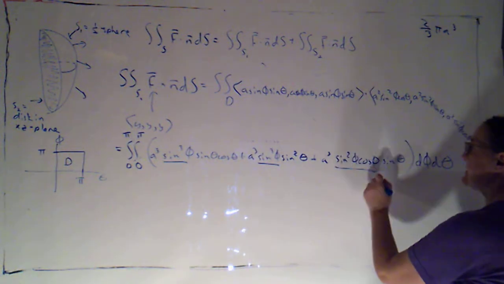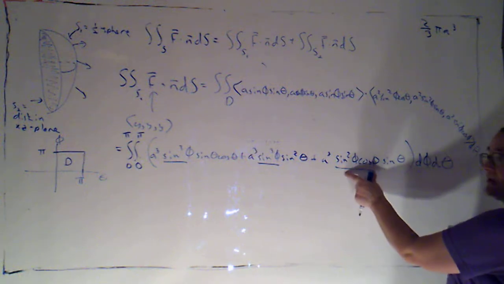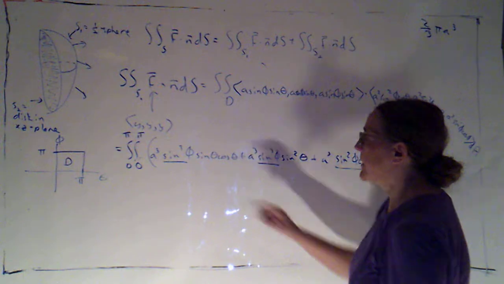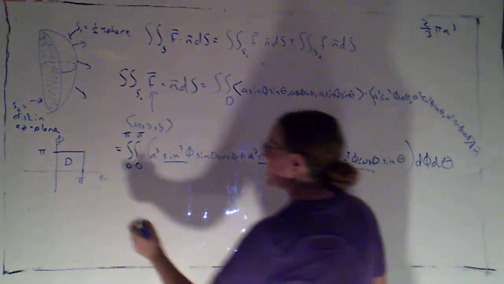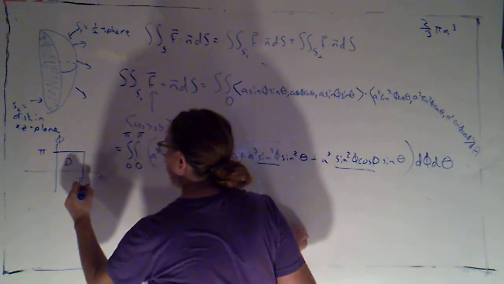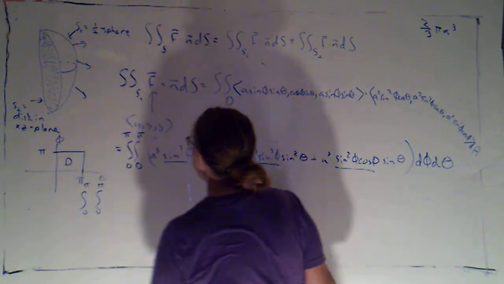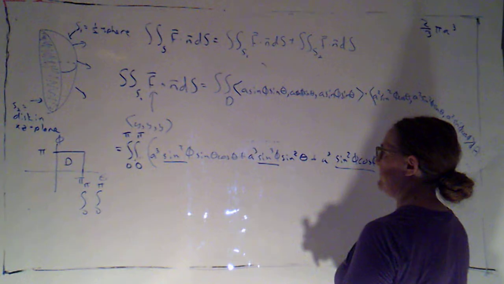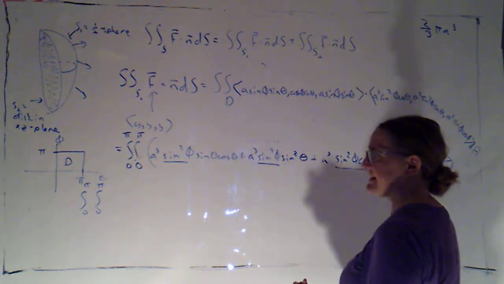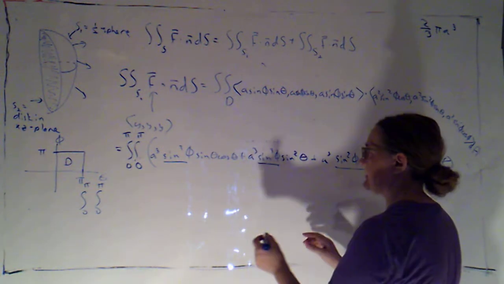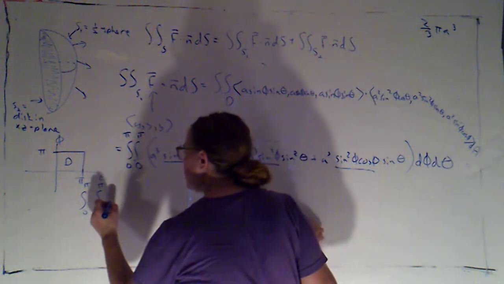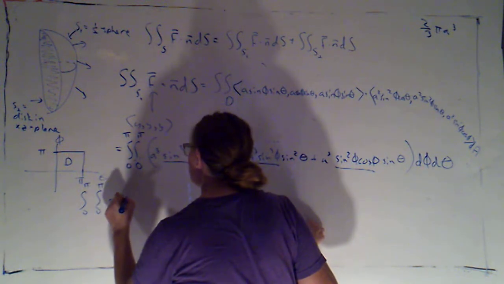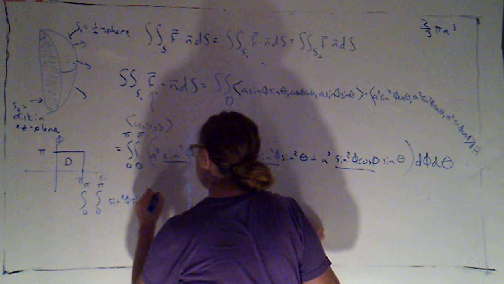Okay. Now, for these two, I've got a sine cubed phi. For this one, this is nicely set up to do with a u substitution, letting u equal sine of phi. So I'm going to break this up into two integrals. I'm going to say this is the integral from 0 to pi, from 0 to pi. Okay. I'm going to just factor out that sine cubed phi because I'm going to be integrating that same thing for both pieces. So we're going to have sine cubed phi, which I'm going to write as sine squared phi times sine phi.